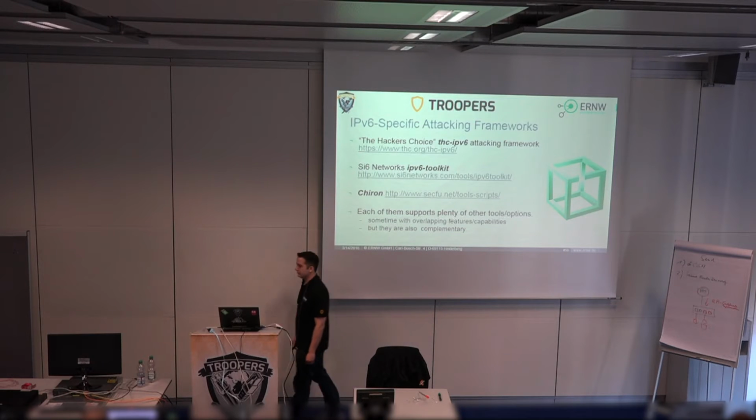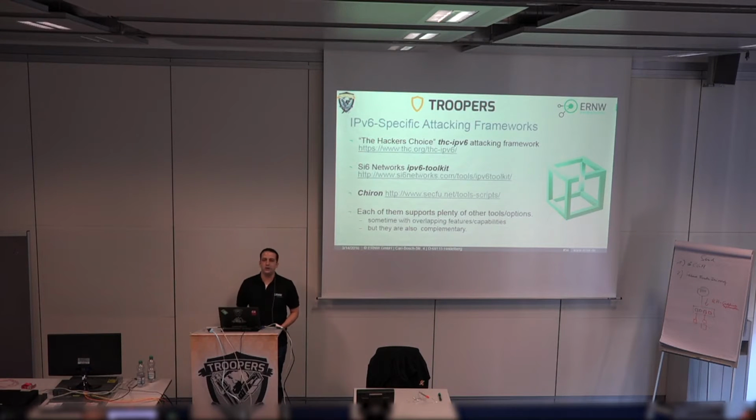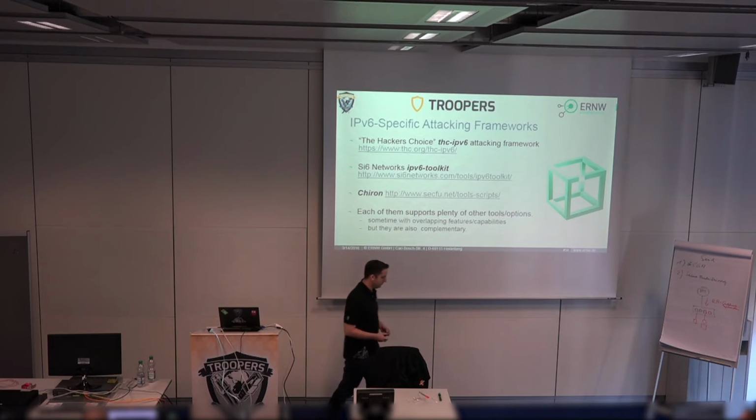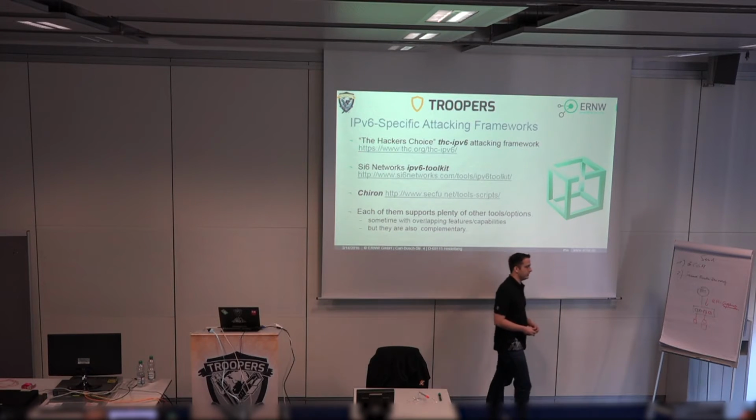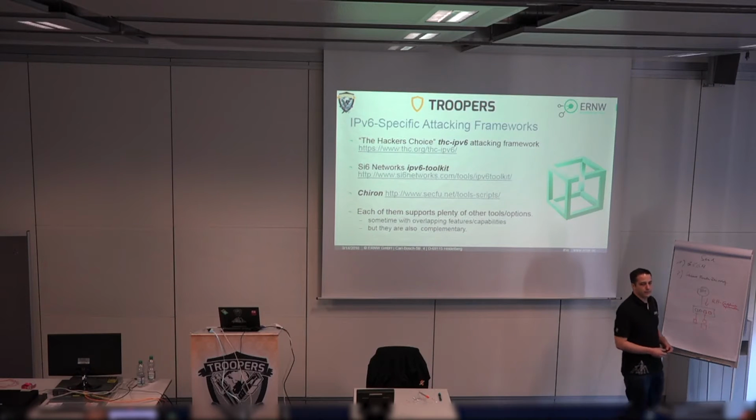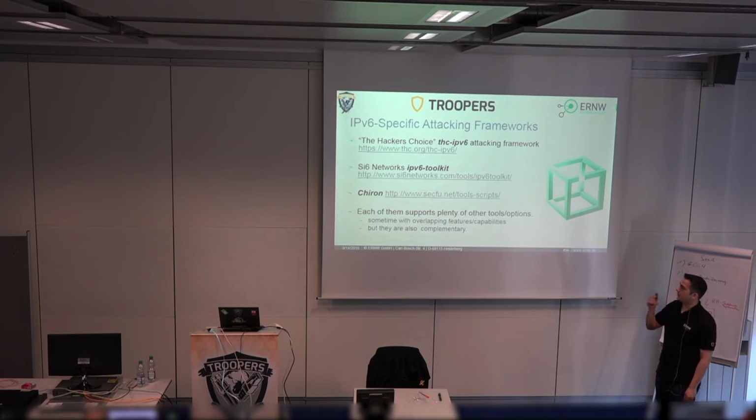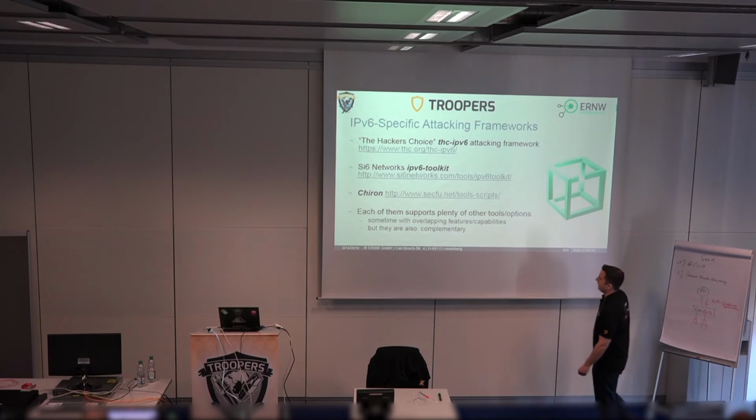You need a little bit of time to get used to all the knobs you can use. If you're interested in more advanced attack techniques, especially with Chiron, there is a workshop tomorrow for Chiron, which discusses several advanced attacks laid out with Chiron.